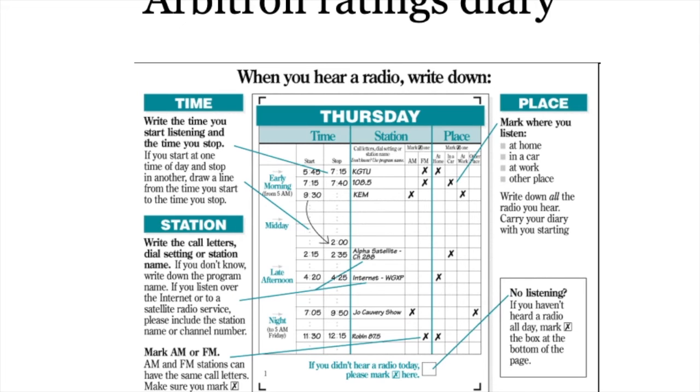Again, this is a much more accurate way, not necessarily perfect, but it is more time consuming for the respondent and may need a little bit of incentive to keep them on task.